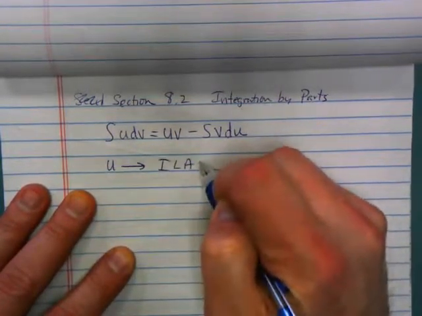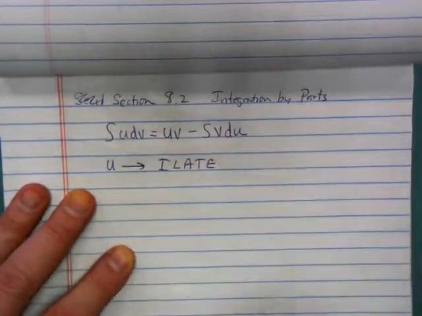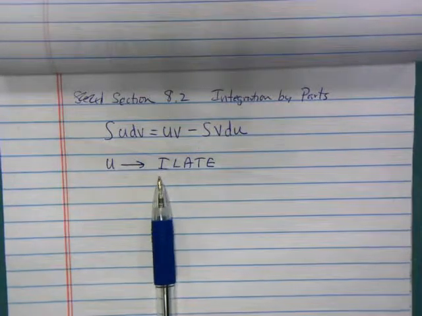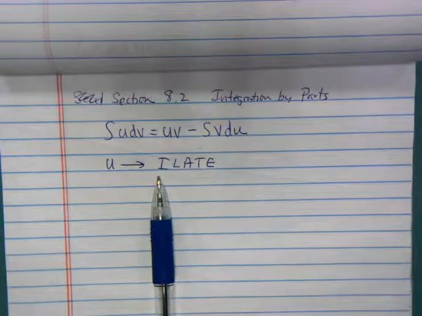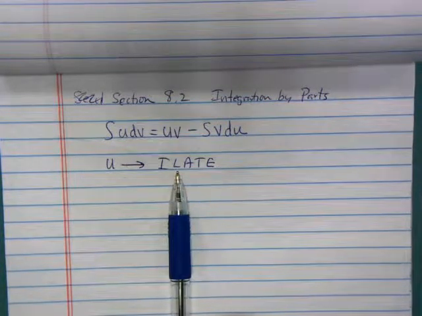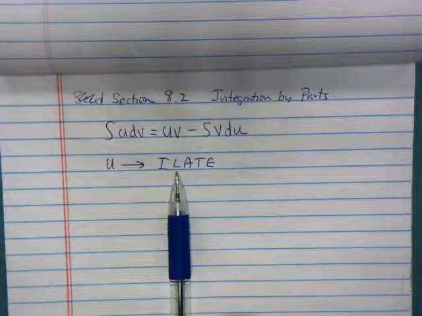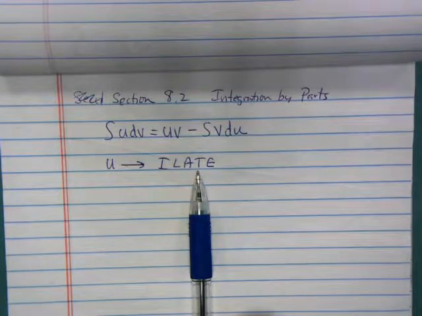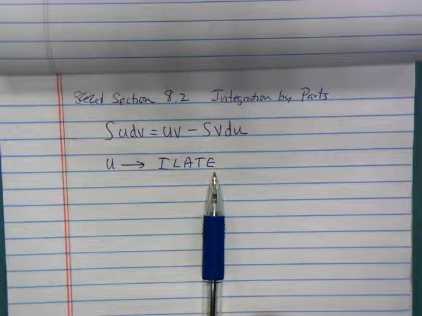I hop would be cooler if we could make it work, but it was I late. I stood for inverse, those would be inverse trig or inverse hyperbolic. L was logarithm. A, algebraic. So this was like x squared, x cubed, those sort of things. T, trig, and E, exponential.